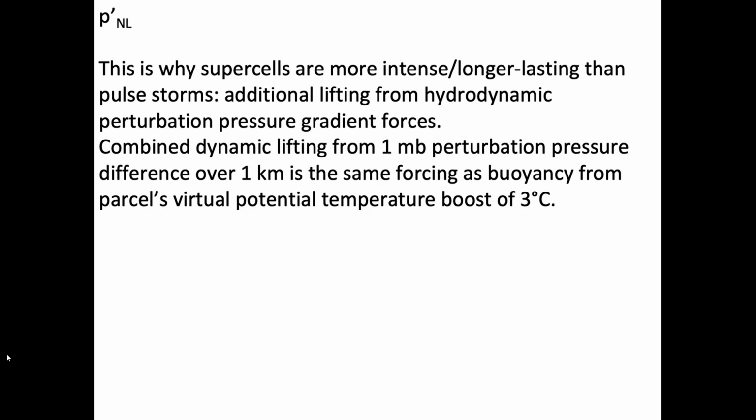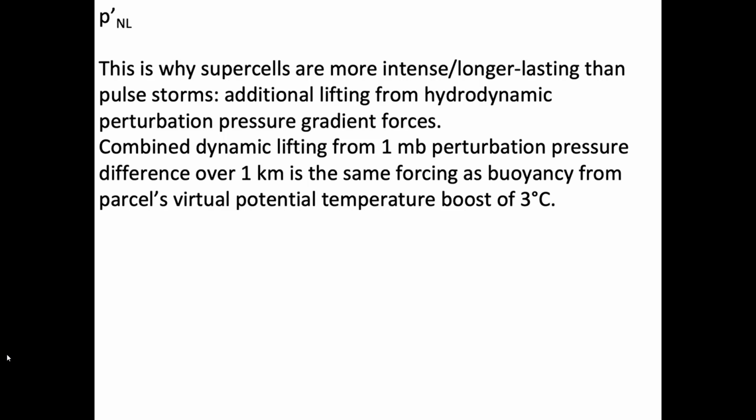So the nonlinear concept, where we have both the shear as well as fluid extension that are resulting in all of these dynamically driven enhancements to updrafts, much more so than what CAPE alone can provide, is the reason as to why supercells can be much more intense and longer lasting than pulse storms. They have an additional lifting from hydrodynamic perturbation pressure gradient forces.